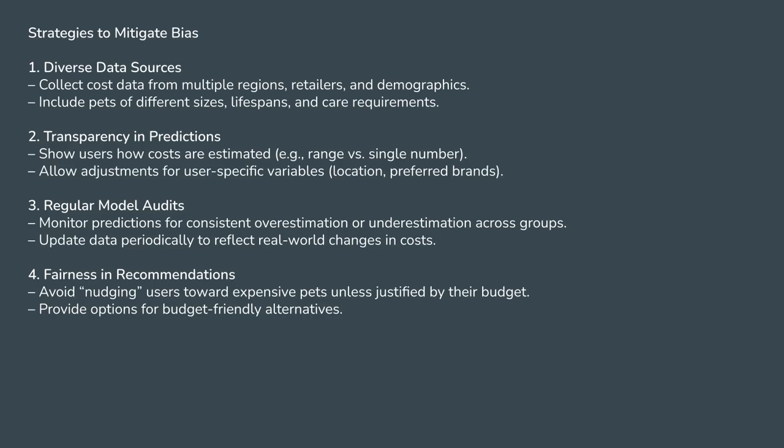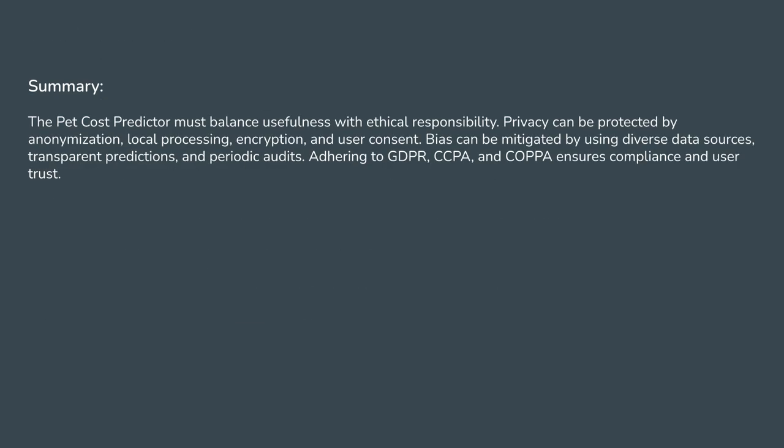Regular model audits. Monitor predictions for consistent overestimation or underestimation across groups. Update data periodically to reflect real-world changes in costs. 4. Fairness in recommendations. Avoid nudging users toward expensive pets unless justified by their budget. Provide options for budget-friendly alternatives.